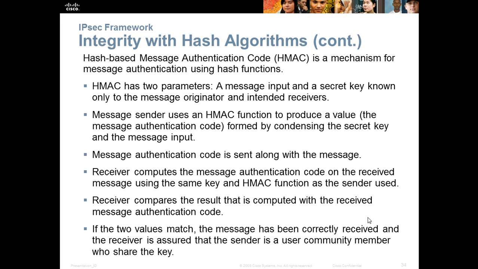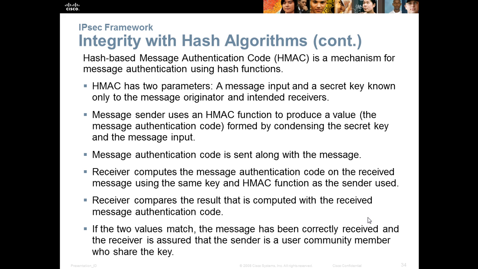Hash-based message authentication code, or HMAC, is a mechanism for message authentication using hashing functions. HMAC has two parameters: a message input and a secret key known only to the message originator and intended receivers. The message sender uses an HMAC function to produce a value, the message authentication code, formed by condensing the secret key and the message input.